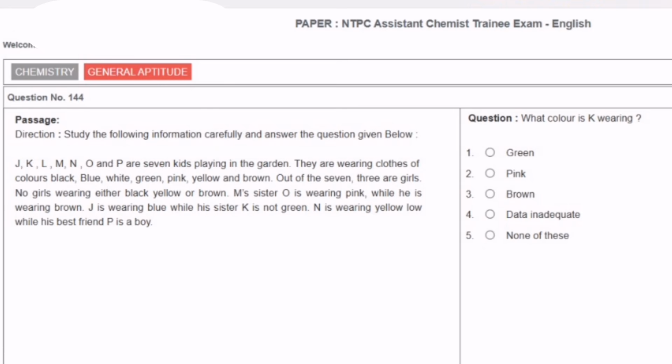M's sister O is wearing pink while he is wearing brown. J is wearing blue while his sister K is not wearing green. N is wearing yellow while his best friend P is a boy. The question is, what color is K wearing? Green, pink, brown, none of the above.